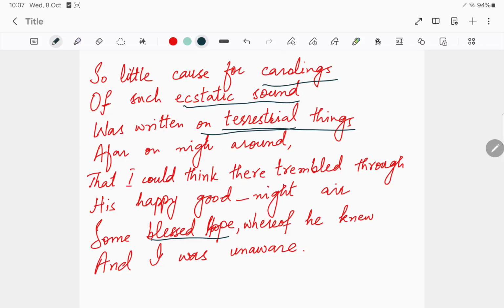And then there is symbolism, as I've underlined here. The blessed hope represents faith or the spiritual renewal or rejuvenance. And then alliteration, as I've said, a happy good night here, or so little cause for carolings.